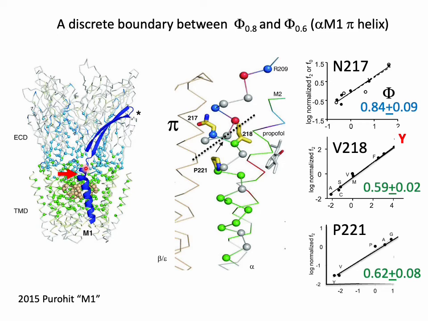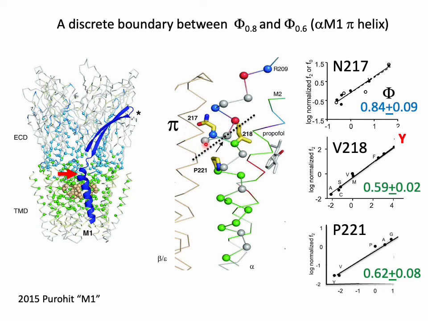There is a linker that joins these with the M1 helix, and the brown residues here on the left represent the gate region. And I'm showing on the right is a blow up of the region near the arrow. At this region, there is a pi helix caused by this proline, a very conserved proline in M1 that interrupts the hydrogen bond network. And there's a pi helical segment here.